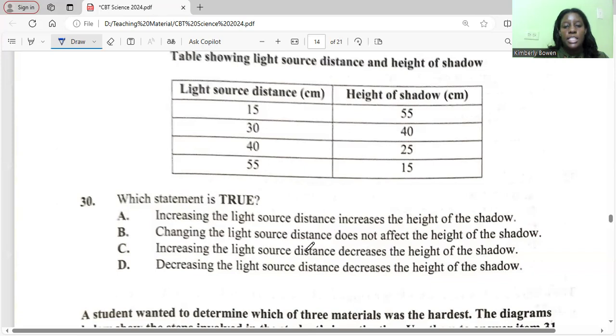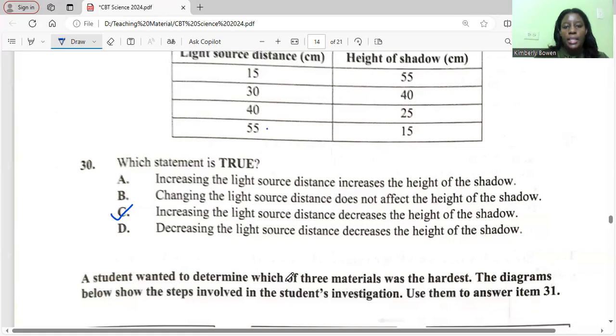Increasing the light source distance decreases the height of the shadow. This is the pattern I'm seeing. You can see that the height of the shadow is decreasing while the light source distance is increasing. That's the correct answer. And they're not both decreasing, so that's not correct.